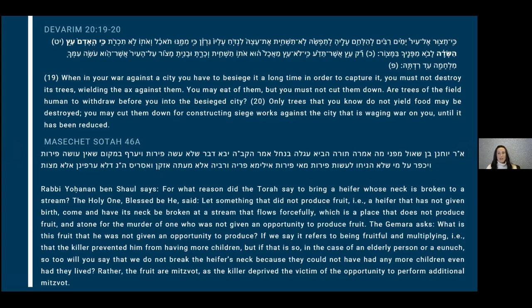So the first stage, the first insight that we can derive from using these two sources together, and really using Masechet Sota to help filter up through the source in Sefer Devarim about Ki Adam Eitz HaSadeh: why can't we cut down fruit trees and use the wood? Because we're leaving something on the table, because we are not allowing the full potential of that product to be exercised.